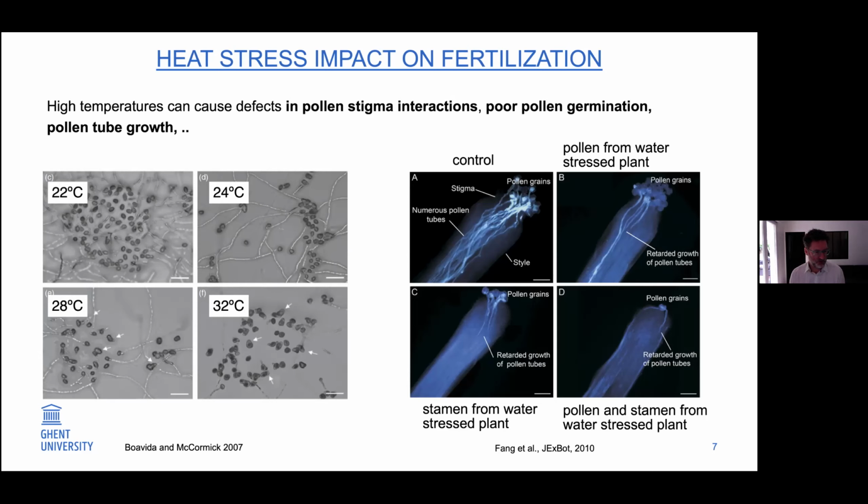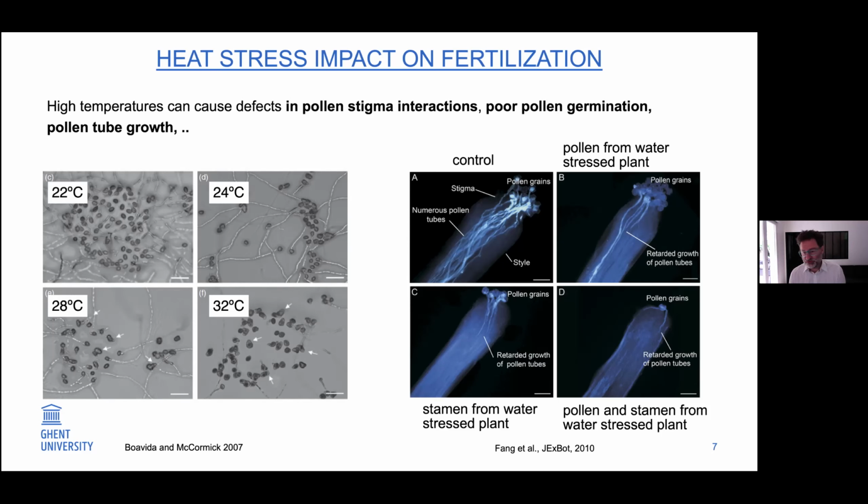Arabidopsis pollen that is germinated in vitro at different temperatures. You see that the efficiency of germination dramatically drops as temperature goes slightly up. 22 degrees is a good temperature for the temperate Arabidopsis plant, but even just a few degrees higher already shows you a strong reduction in the capacity to germinate.